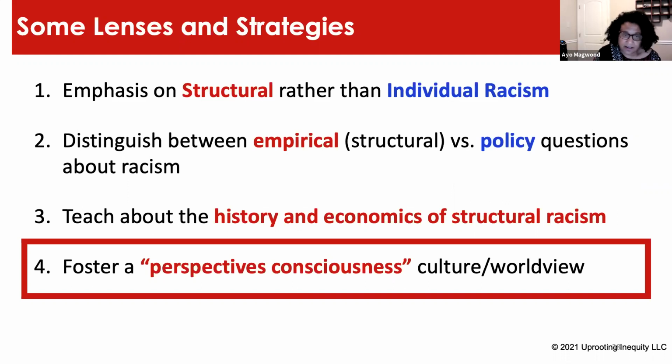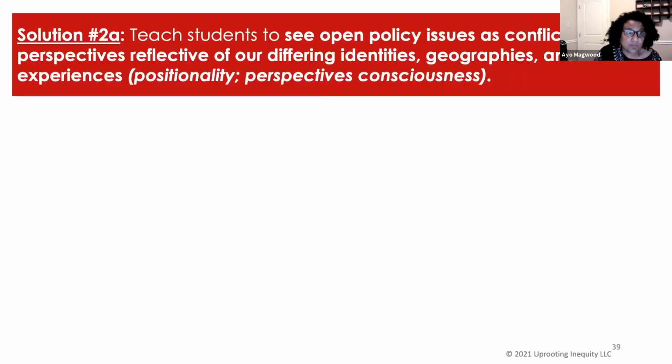So one way we do this is we teach students to see not just issues, but the world as conflicting perspectives reflective of our different identities, geography, and experiences. The technical term for this is positionality.